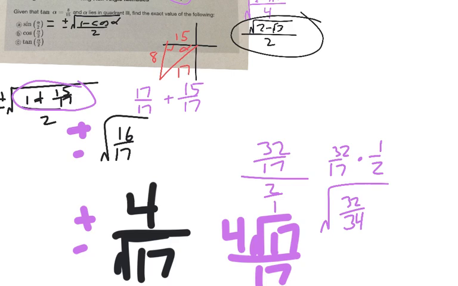Now let's think through what could happen if it was in the second quadrant. So if it was an 89 degree angle in the second quadrant, that means I rotated 91 degrees. And if I double that, I'm at 182, which could put me in quadrant 3.